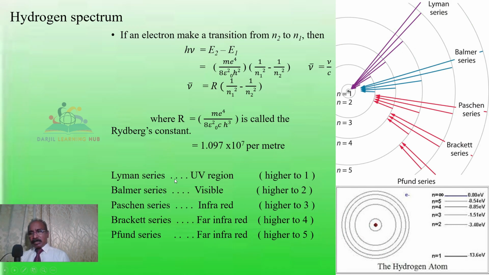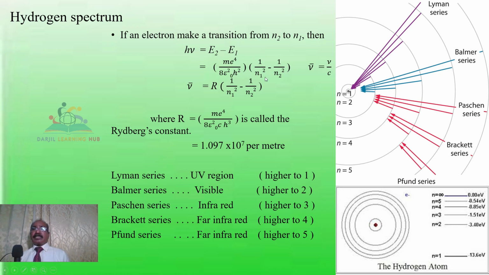So this concept could be applied to the hydrogen spectrum. When we apply the Bohr atom model to the hydrogen spectrum, we are getting a large number of series. If an electron transits from an orbit n2 to n1, then h nu will be equal to E2 minus E1.